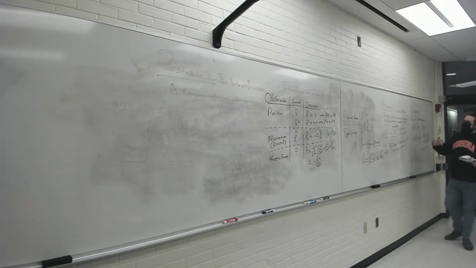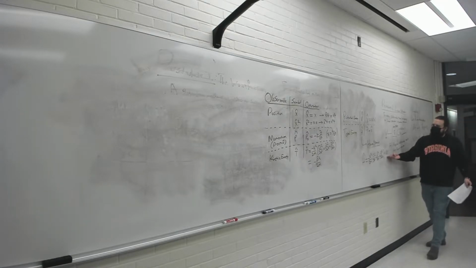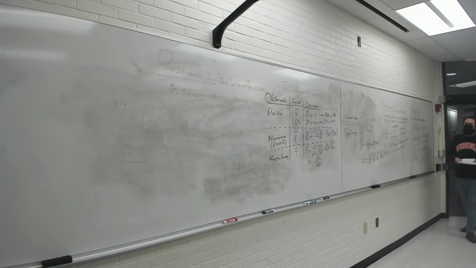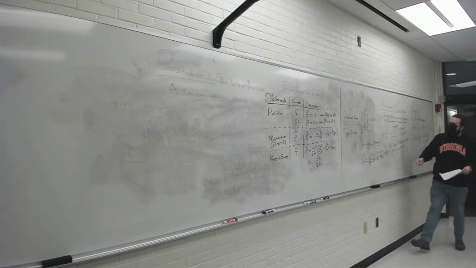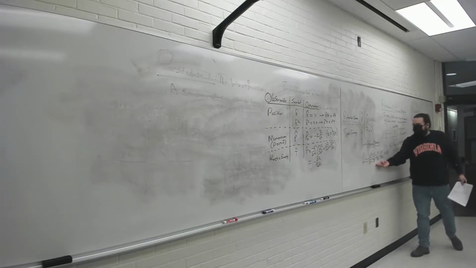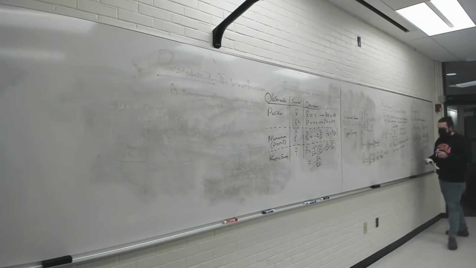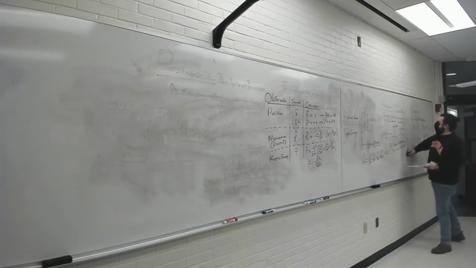And in order to define those states, to even know what a 1s or a 2s orbital is, we're going to first come up with a potential energy function that describes the attraction of the nucleus to the electron. And we're going to solve it. So let me write this down real quick.